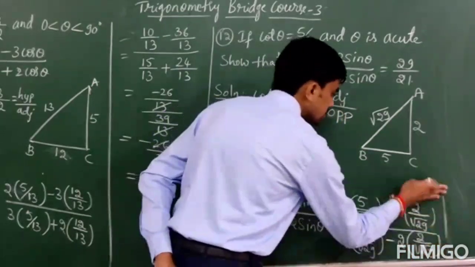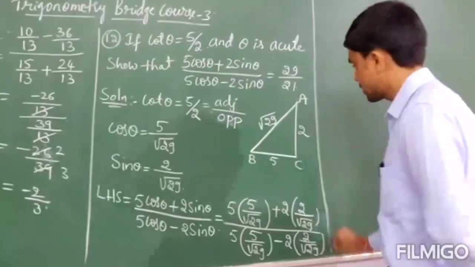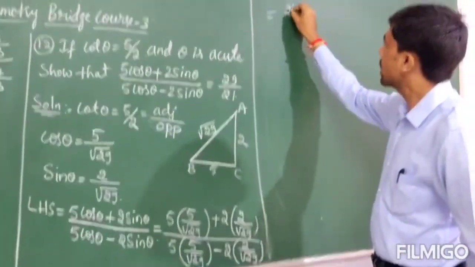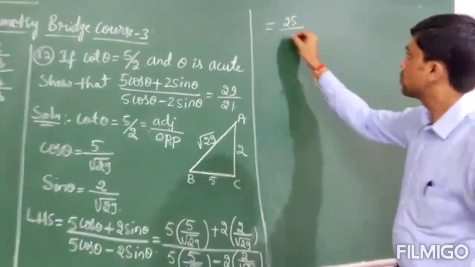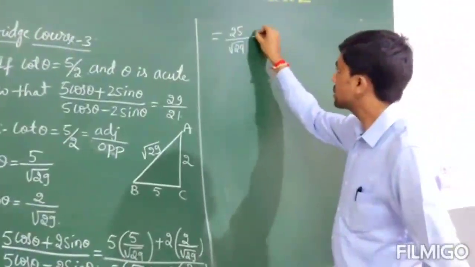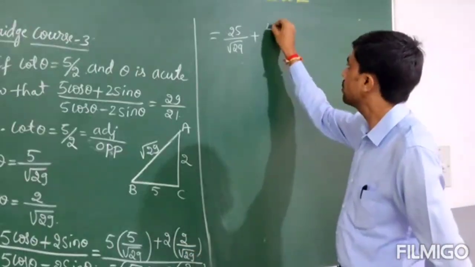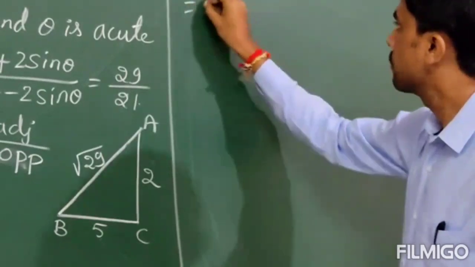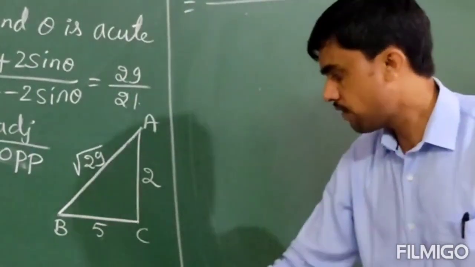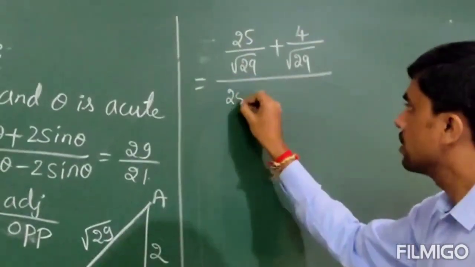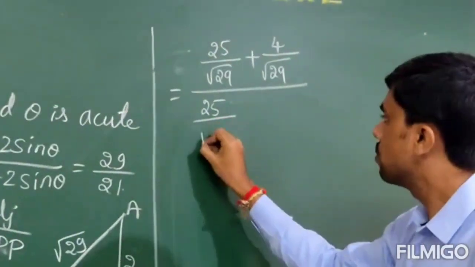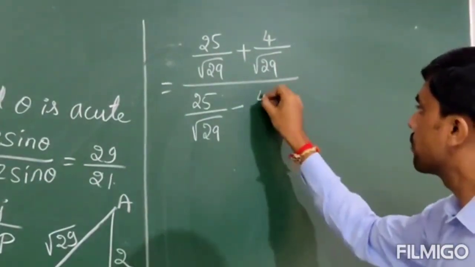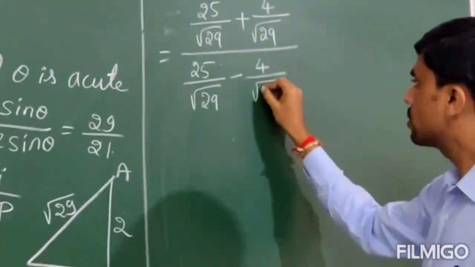Okay, so in the next step we solve this. 5 into 5 is 25, so 25 divided by root 29 plus 2 into 2 is 4 divided by root 29, whole divided by 25 divided by root 29 minus 4 divided by root 29.